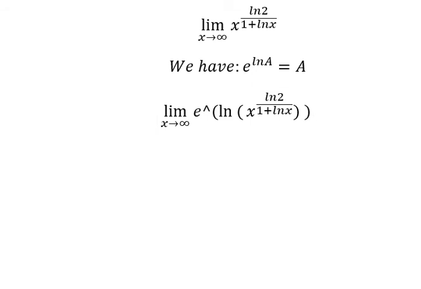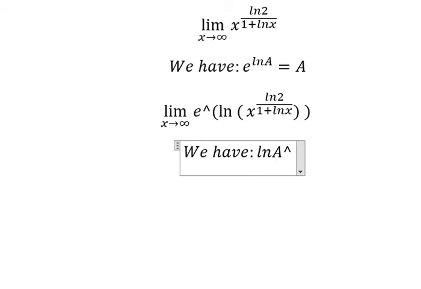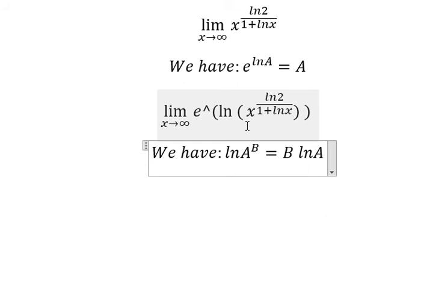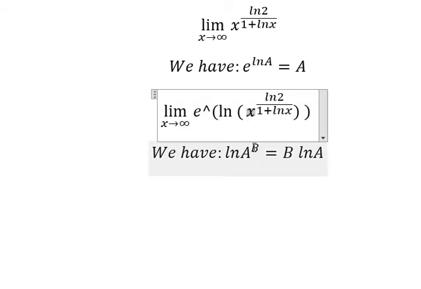So we have the second formula in here. ln a to the power of b equals b ln a. So a in here, that's s. b, that's this one. So I will put this one outside the natural log in here.